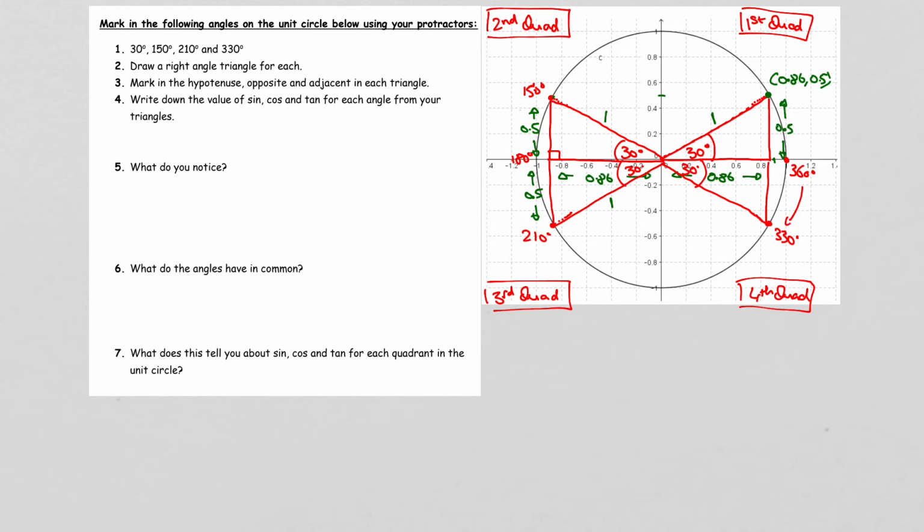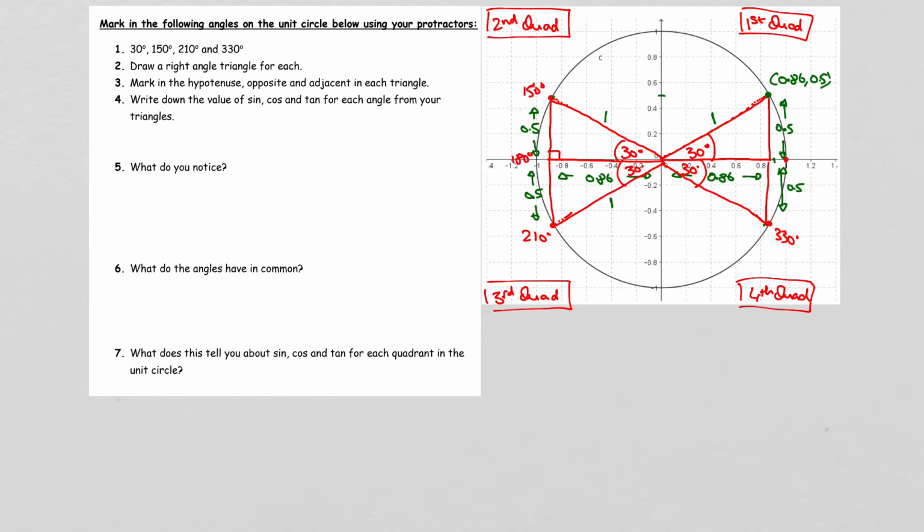So to get from 330 to 360, it's an angle of 30 degrees. And again, if I look at the sides of my triangle, I have gone down a distance of 0.5, and I've gone out a distance of 0.86 again.